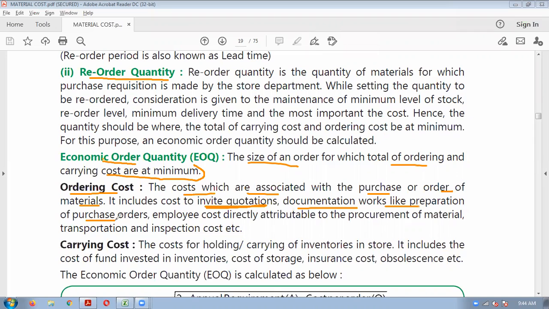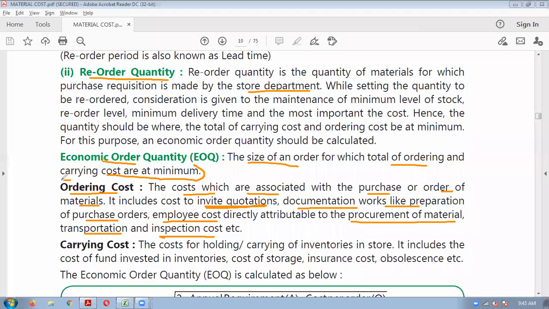Then documents like the purchase order, then employee cost, of those who are directly involved in the procurement of material in the purchase department, or the store department, you can say. So employees will be involved. Transportation cost will be involved to bring the material. Then you should inspect the material whether it is properly received or not.